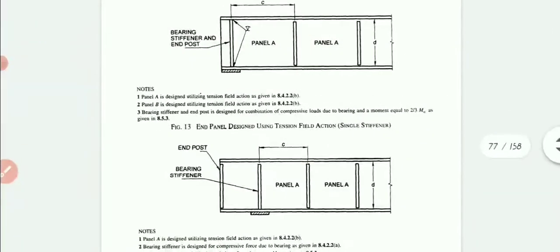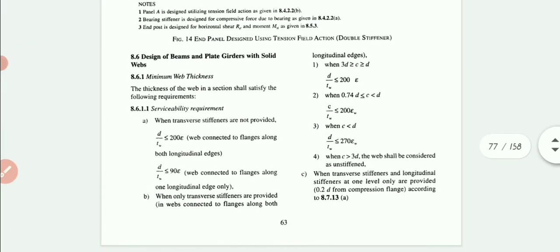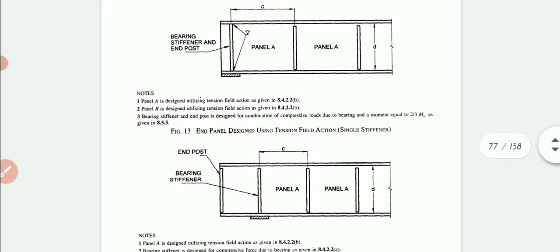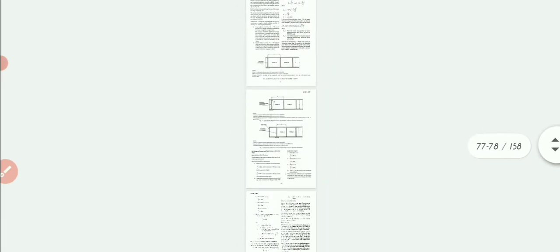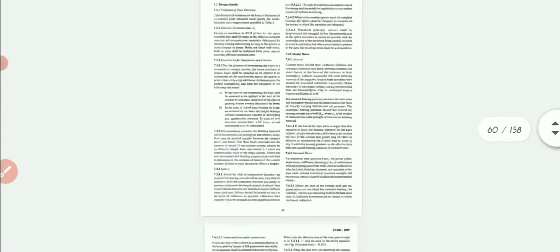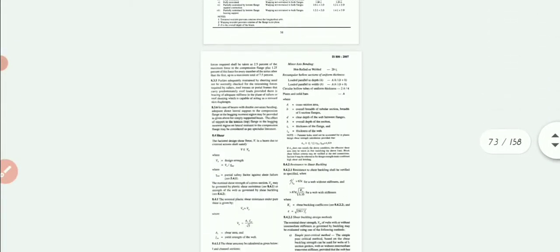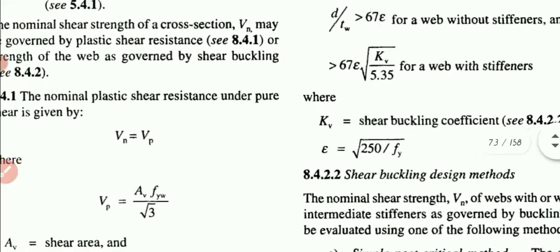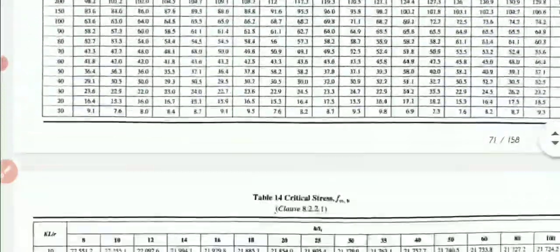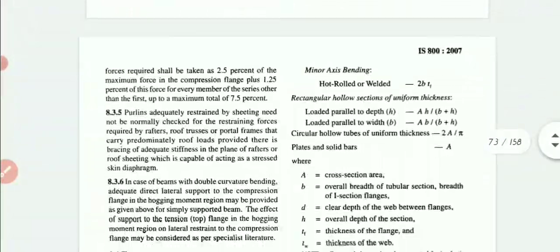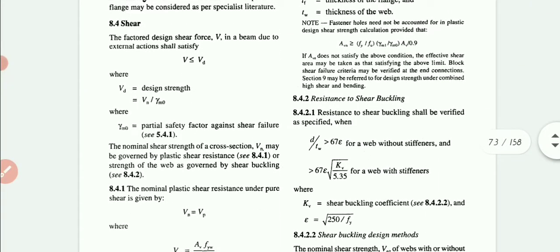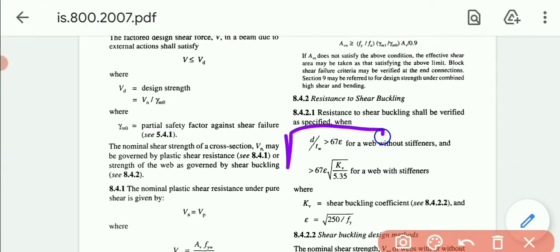As I am using the plastic design approach method for this, in the plastic design approach we were using d by t_w greater than 67 epsilon.